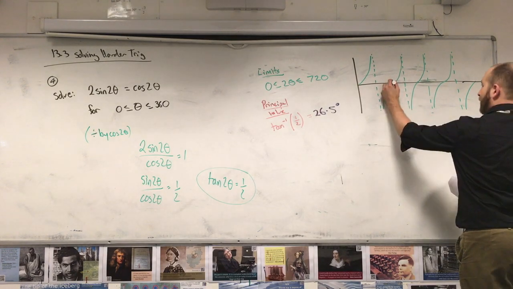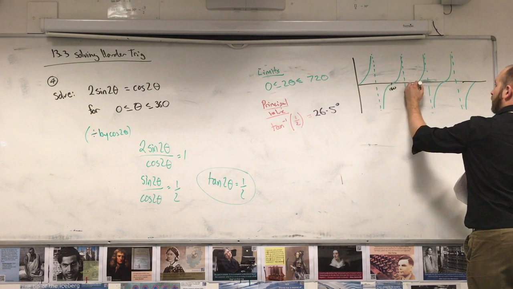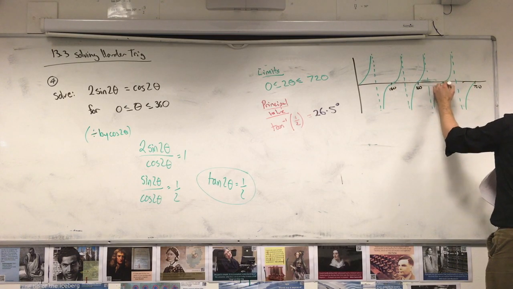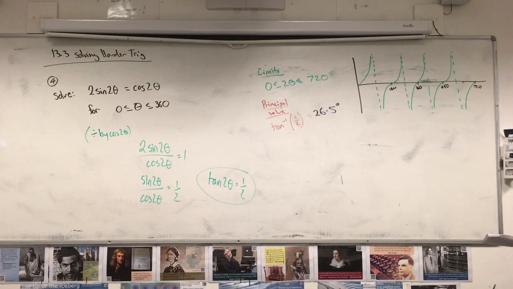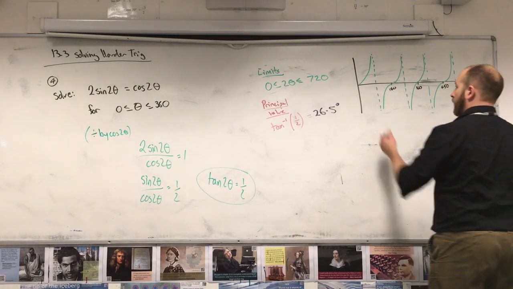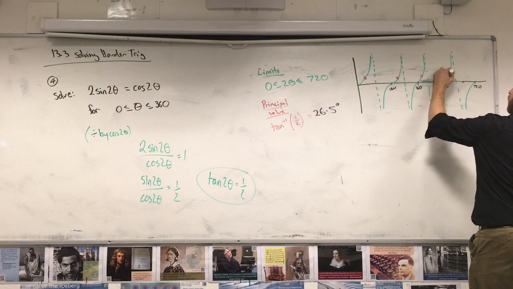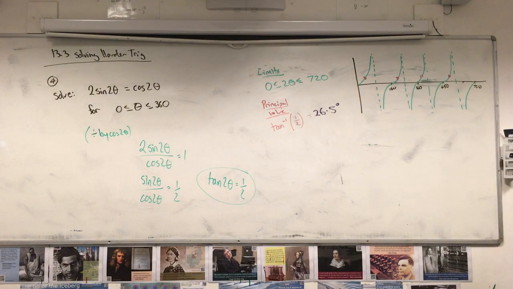So we're going to get 180, 360, 720, and 540. Good. We'll put our principal value in, so 26.5 is about here. So we're looking for 1, 2, 3, 4 solutions in total. So let's get that ready.